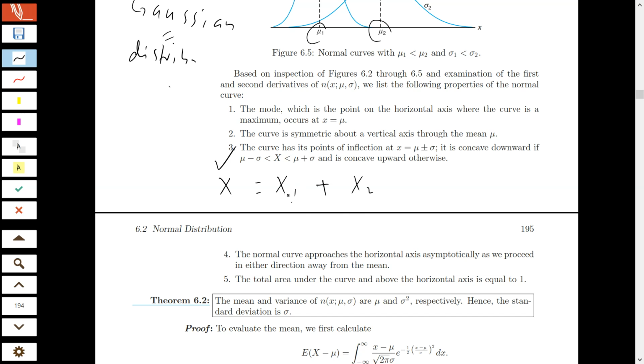So if this is continuous, it will have small f1, the distribution of x1. Small f2 will be the distribution of x2, the PDF I mean. And small f is the distribution of x. You can show mathematically that this will be convolution, the convolution you had in signals and systems.